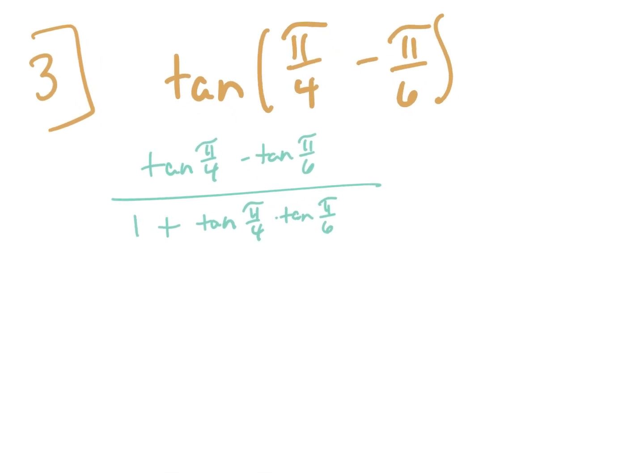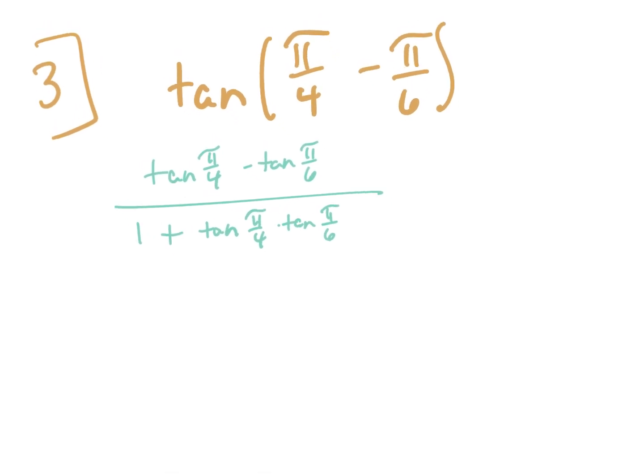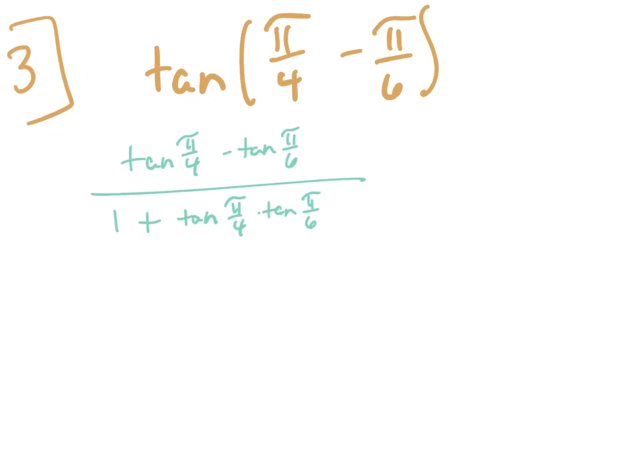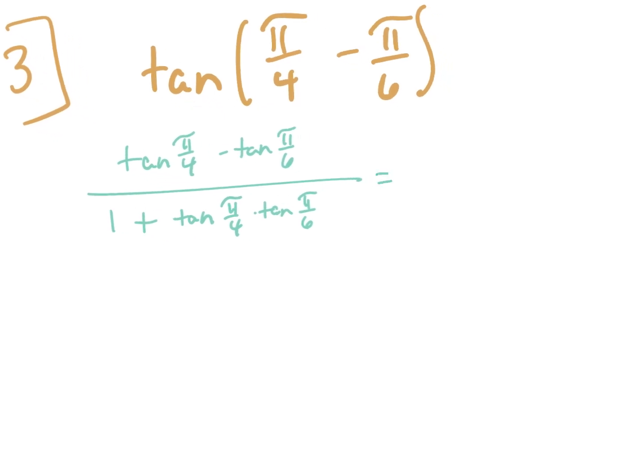Okay, and then we are going to our handy dandy unit circle. So tangent of pi over 4, what does that give us? What's tangent of pi over 4, guys?